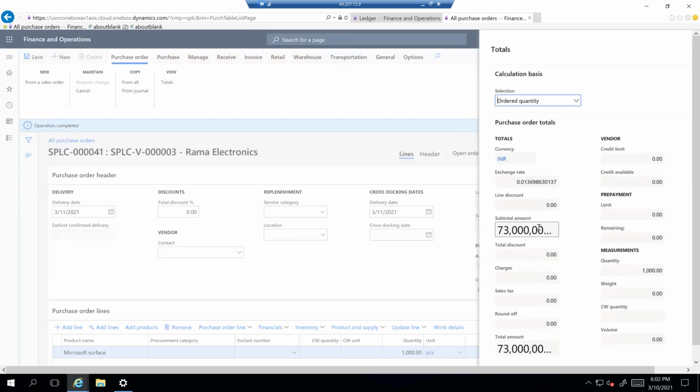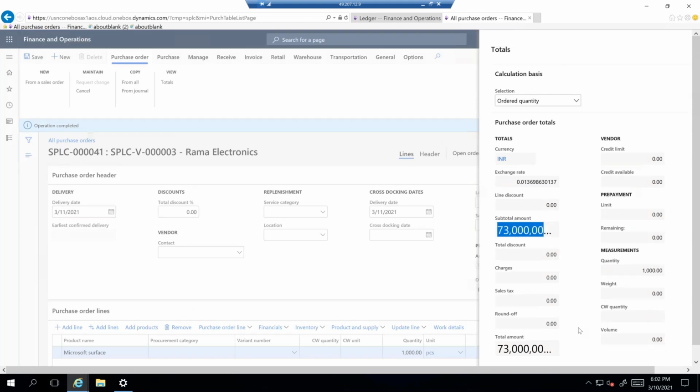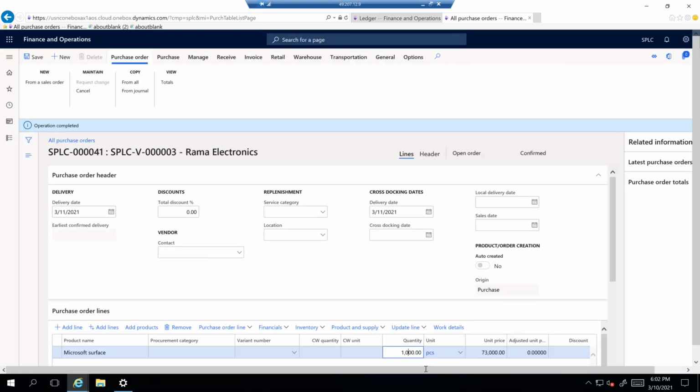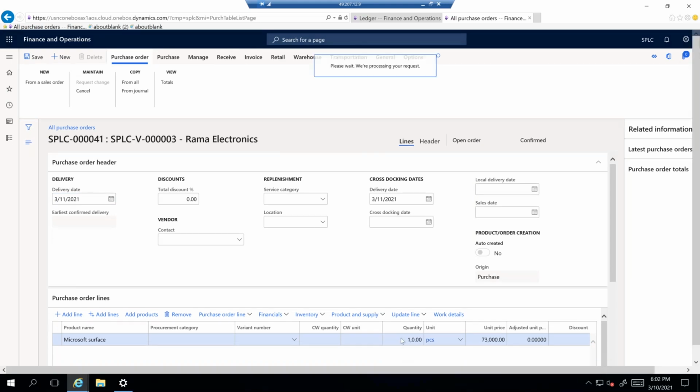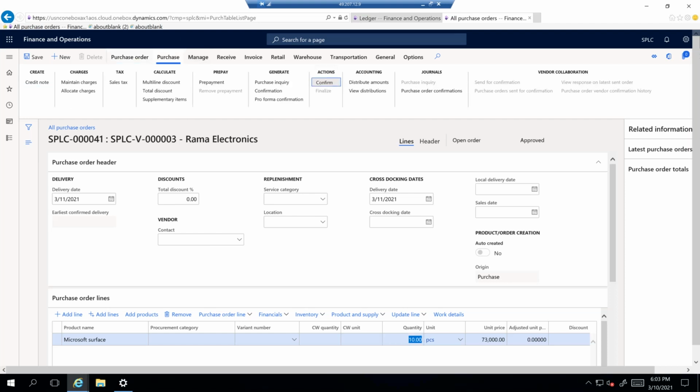It is 73,000. Oh, it is a huge amount. Each one is 73,000. Then I don't want to do that many items. I would like to do 10 quantity. It is a very huge amount. That means 7,30,000.